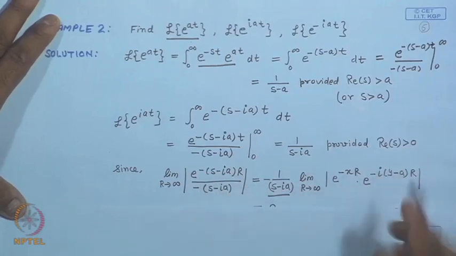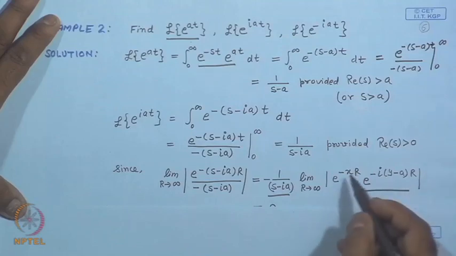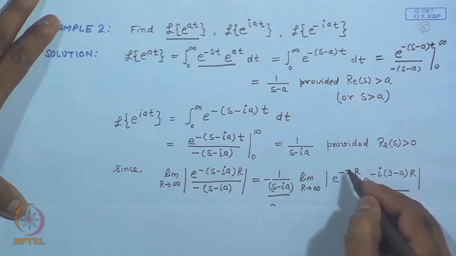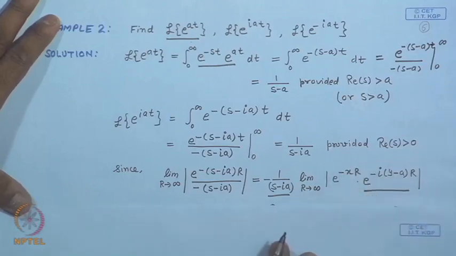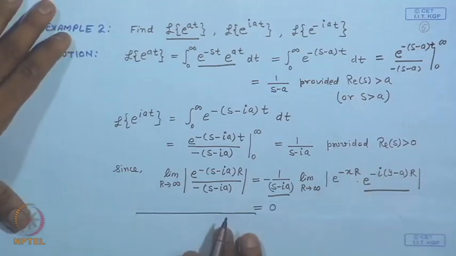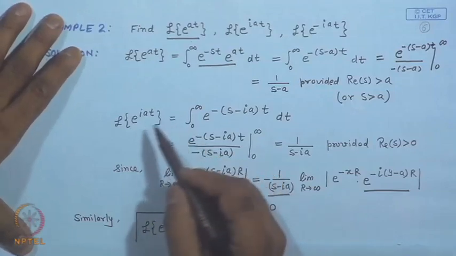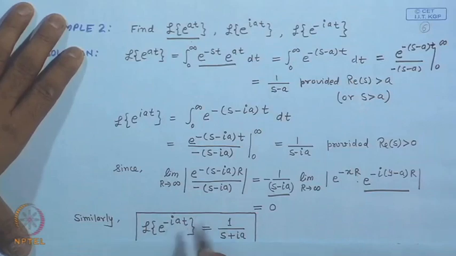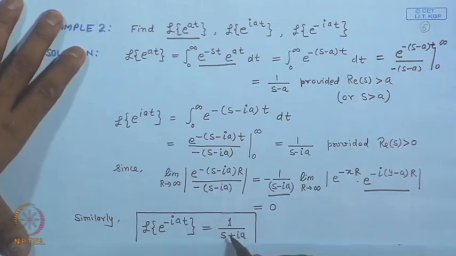The modulus of this part will be 1, and then we have e power minus x r, and we assume that x is positive, then this will go to 0. So, similarly we can get the Laplace transform of e power minus i a t, and that will be 1 over s plus i a.